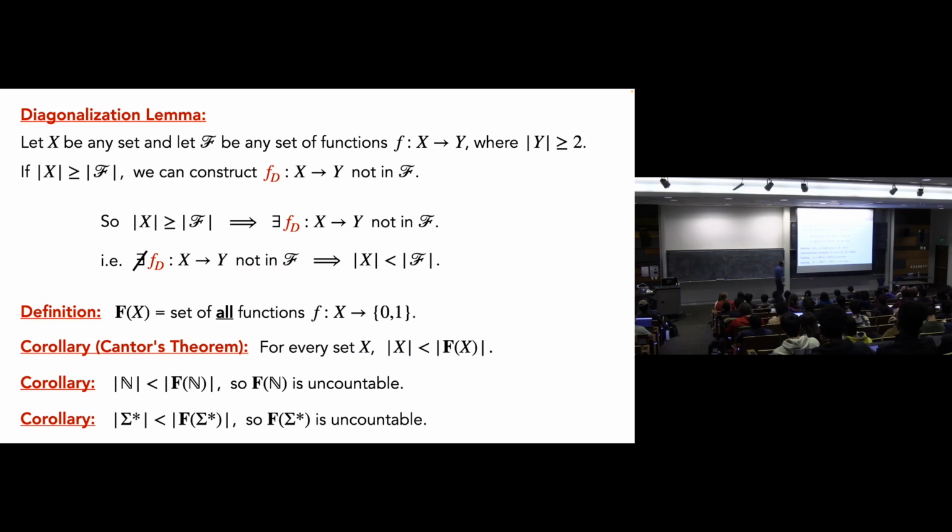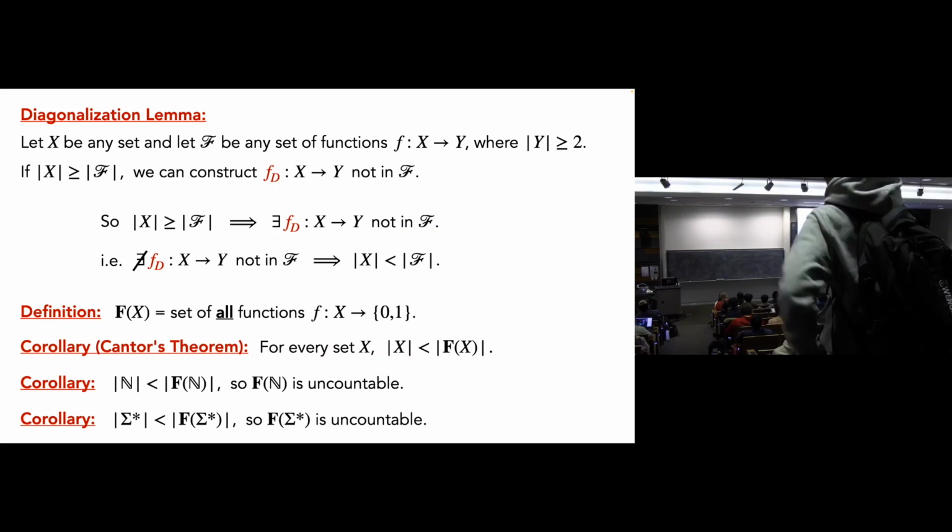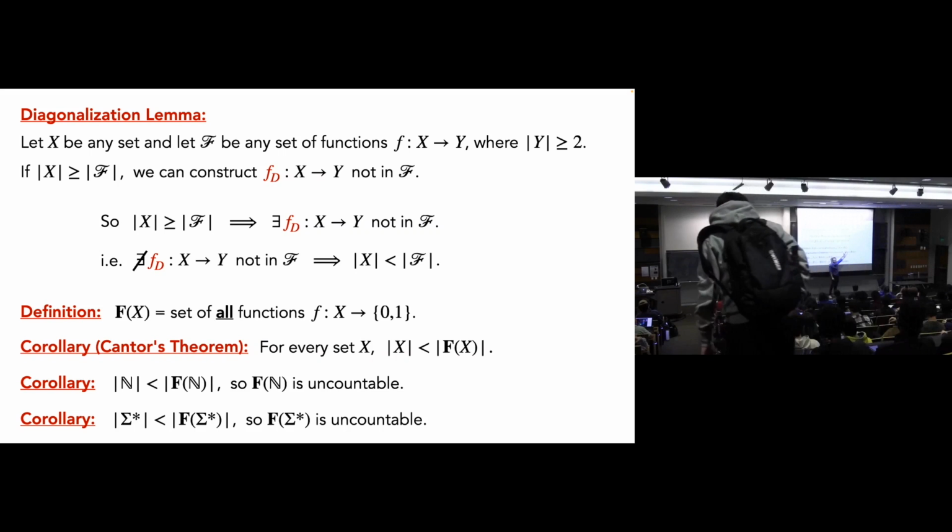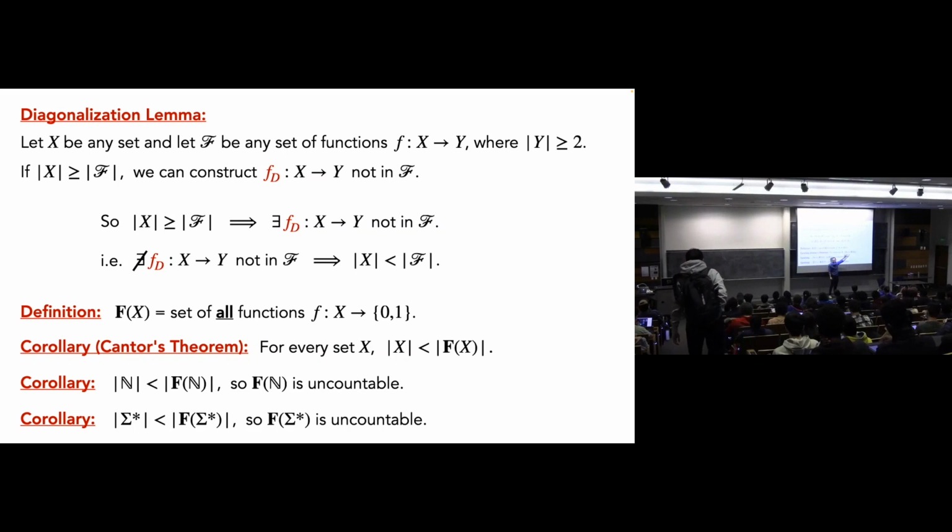And we can also plug in sigma star. So the size of sigma star is strictly less than the size of f of sigma star. So f of sigma star is uncountable. But what is f of sigma star? It's the set of all functions from sigma star to 0, 1. Those are our good friends, decision problems. The set of all decision problems. So the set of all decision problems is uncountable.